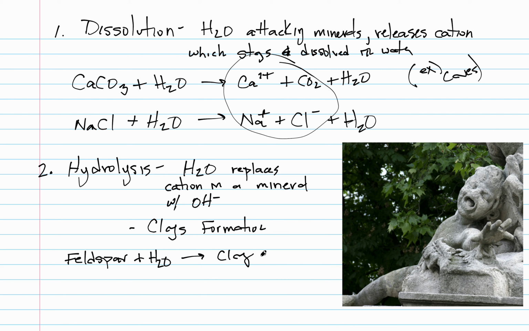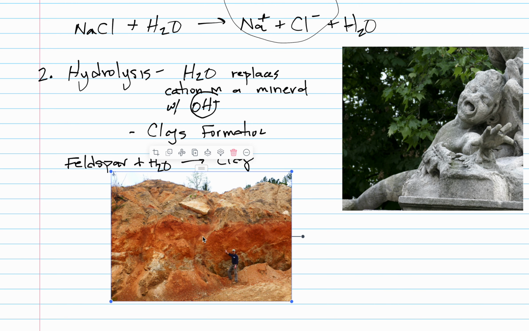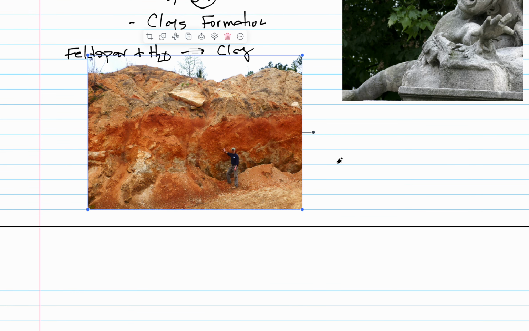And the clay is a mineral that has OH in its crystal lattice. Okay, I didn't do a chemical reaction, that's okay. The key here is that we replace the cation with an OH, and the cation just kind of floats away.